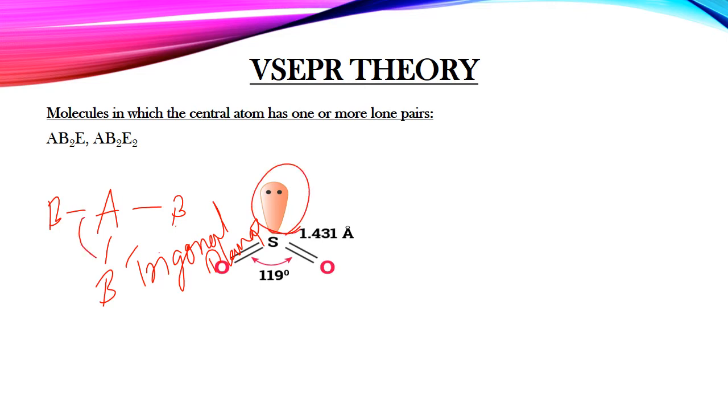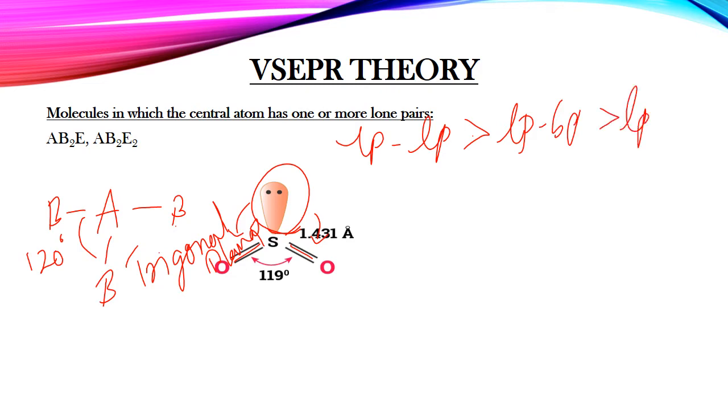So the bond angle in trigonal planar is 120 degrees, whereas in case of sulfur dioxide, there is a lone pair because of which the bonded pair of electrons are pushed away from the lone pair. Lone pair-lone pair repulsion is more than lone pair-bond pair, and bond pair-bond pair repulsion is least.